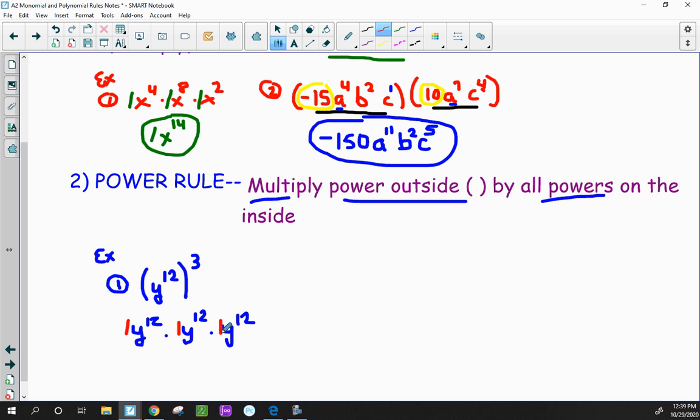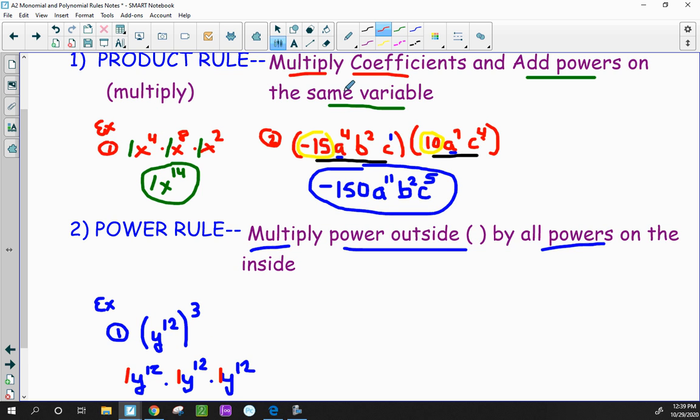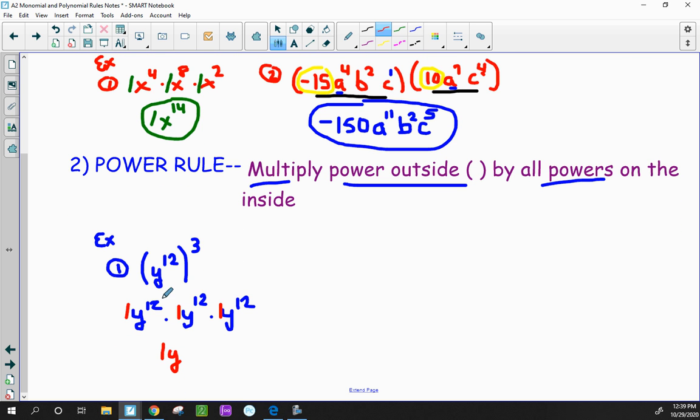I'm going to multiply 1 times 1 times 1 and drop it down. I'm going to drop down my variable, and then it says add powers in the same variable. So I'm going to add 12 plus 12, which is 24, plus 12 more, which is 36. So this is me using the product rule.